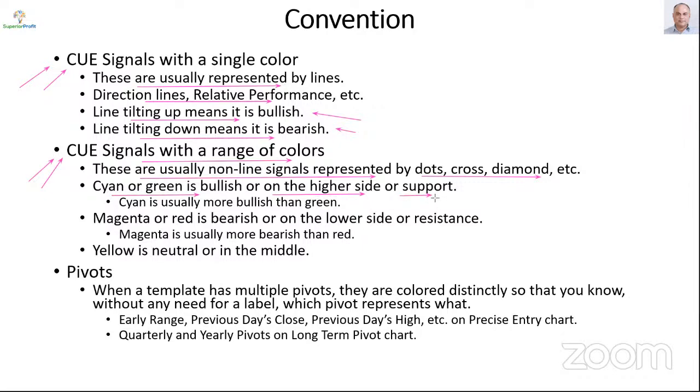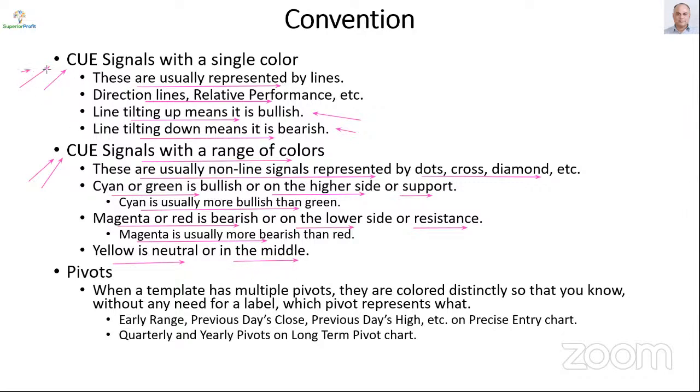So all have bullish connotations. If the color scheme has cyan and green both, then cyan is usually more bullish than green. On the opposite end, magenta or red is bearish or on the lower side or resistance, all bearish connotations. If magenta and red are both present, then magenta is usually more bearish than red. And yellow is neutral or in the middle.